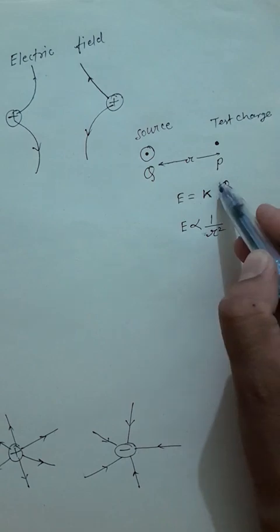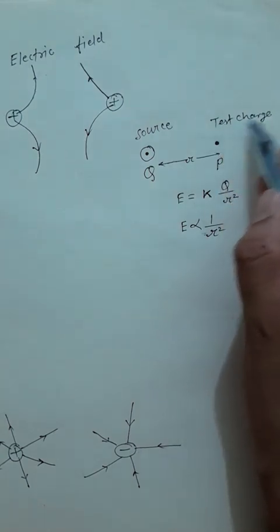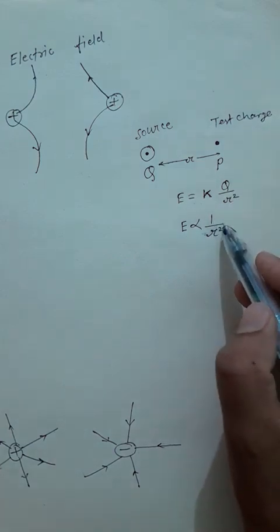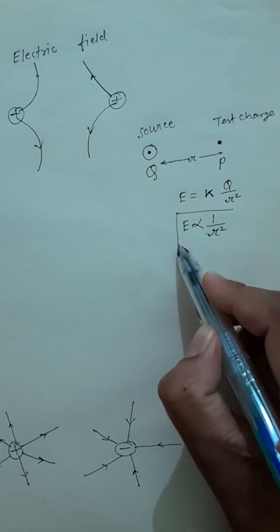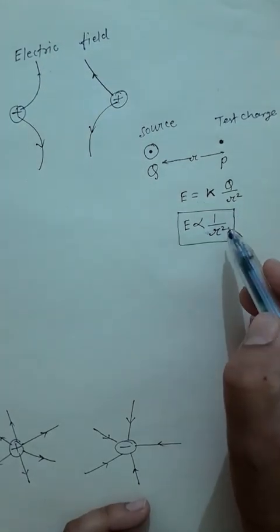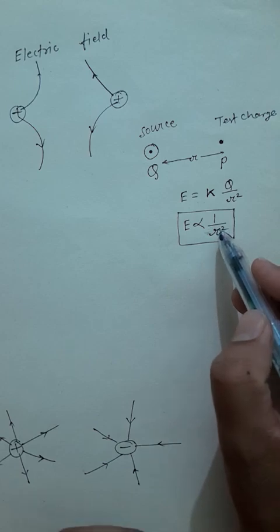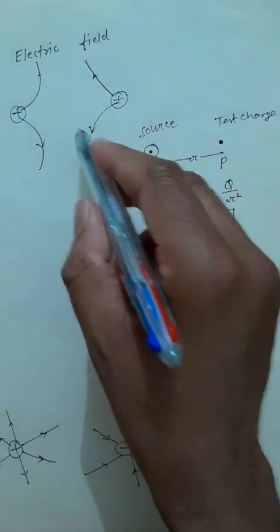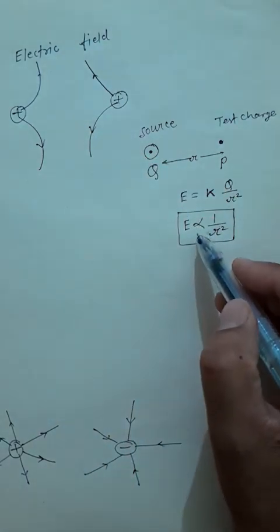From the formula we can see the electric field is independent of the test charge. This mathematical concept we already know, and how this formula is compatible with the electric field lines, that I am going to explain to you.